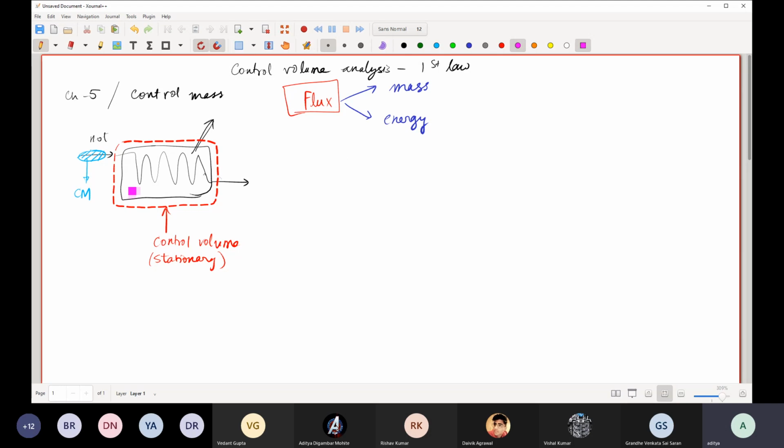But from a Lagrangian and Eulerian viewpoint, which one is which? I will write down Lagrangian, Eulerian, and then I will write down control mass and control volume. Which one is which?